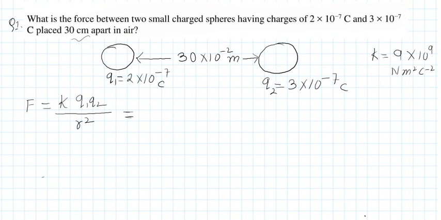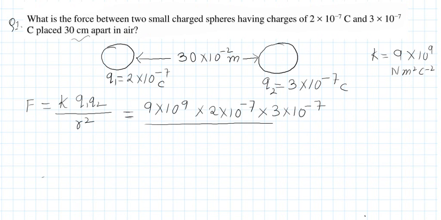So we put the values in this equation and we get 9 into 10 to the power 9, into the magnitude of charge 1 which is 2 into 10 to the power minus 7, and the magnitude of charge 2 which is 3 into 10 to the power minus 7, upon the distance, which is 30 into 10 to the power minus 2 meters.